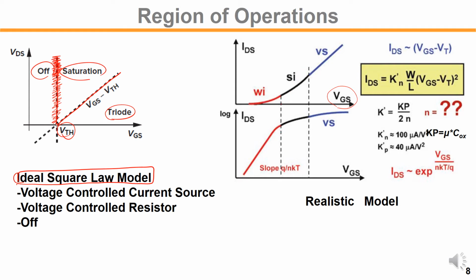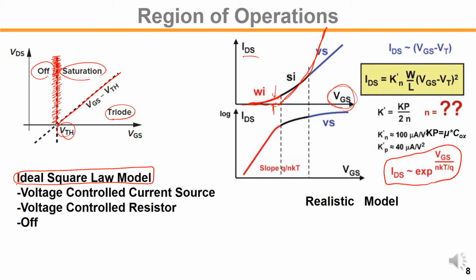So below VTH, for example, there's still current flowing, right? It is not like this ideal square law model, IDS versus VGS. There is some non-zero current flowing. This curve follows an exponential equation as shown here.